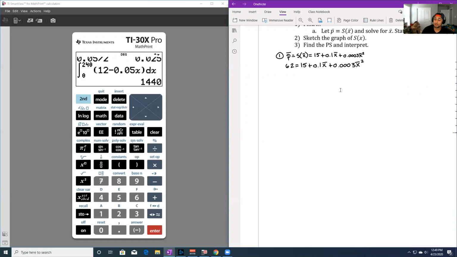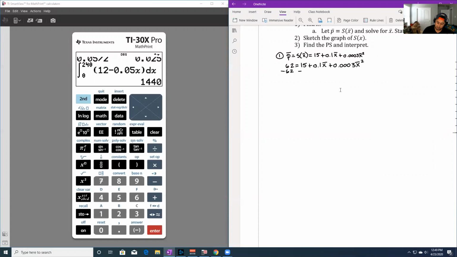Okay, well, since this is X squared, this is a quadratic equation, which means 0 needs to be on one side. So this means we're going to move 62 over. So I'm going to take 62 and subtract it, right? So minus 62 on both sides.